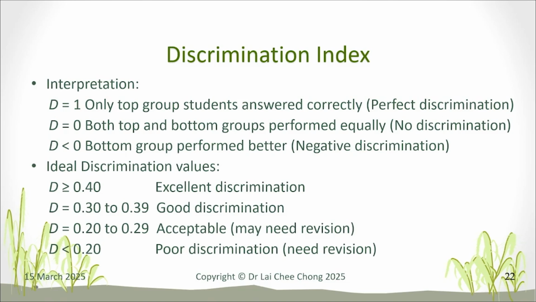Okay. Now, if it's negative, now that's the worst thing. Negative means what? That means the bottom group performed better than the top group. Now, there can be many reasons why. I tell you, it can happen. You know why? Sometimes the bottom group performs better because they guess better. Oh, I got it right.